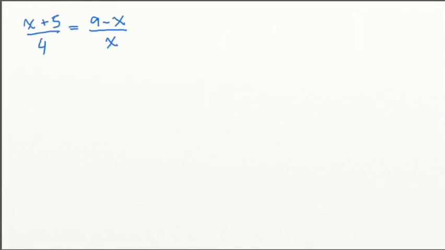So let's take a look at a couple more problems. So now we do have some fractions. And the only thing that we have to worry about when working with those is to make sure that we're not doing anything that will make us lose the understanding that my x might be 0 or might not be 0. We just have to be mindful of that when it's a denominator.